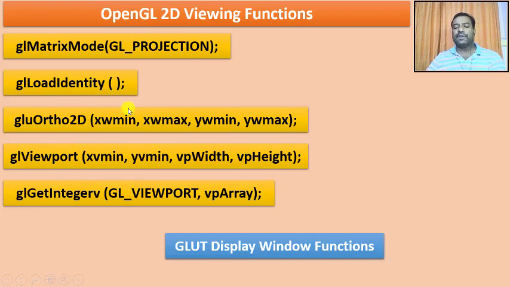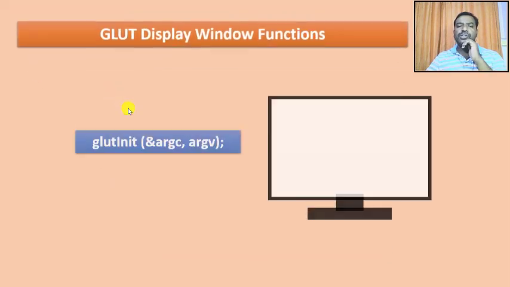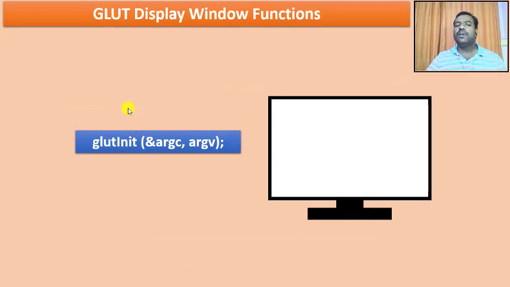Now with this viewing function done, I should discuss the display window functions. You are already aware of these functions as the basic API, but we'll have a relook. The very first API, whenever you talk about display window functions, is glutInit, where I take the command line arguments from the main function and pass them as parameters.